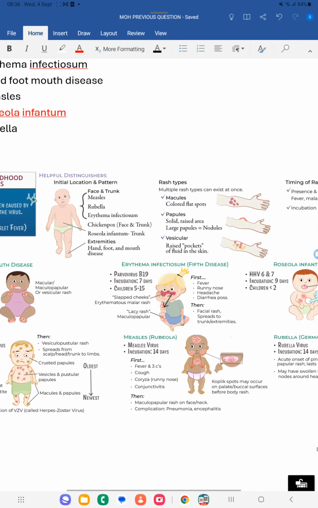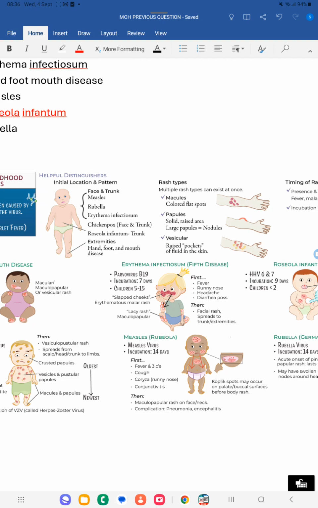Then erythema infectiosum, otherwise known as fifth disease. The causative organism is parvovirus B19. Incubation period is 7 days. It affects children aged 5 to 15 years, not infants. The rash has a slapped cheek appearance, which is the main clinical feature for identifying erythema infectiosum.